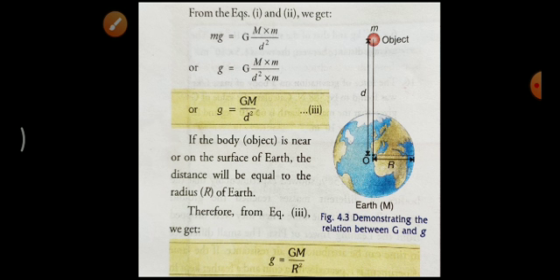So from equation 3, what will we get? g is equal to GM divided by r square. Yes, r is the radius of the earth, and it is also the distance between the object and the center of the earth. I hope all of you have understood this. This is the relationship between capital G and small g.